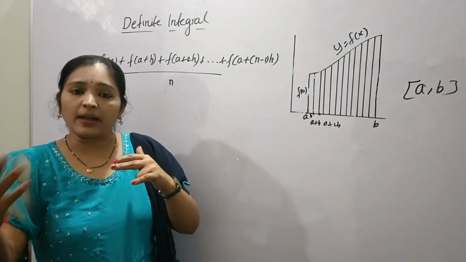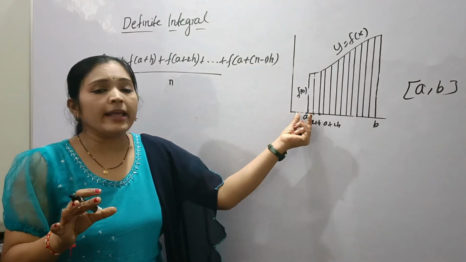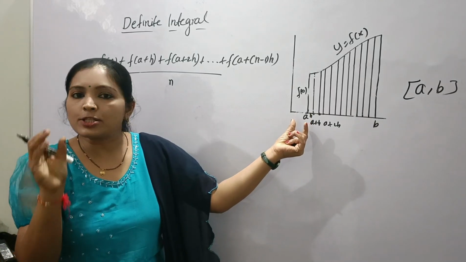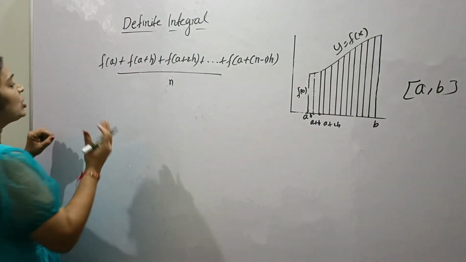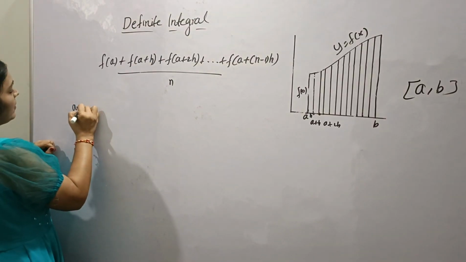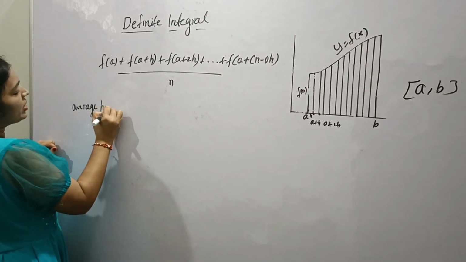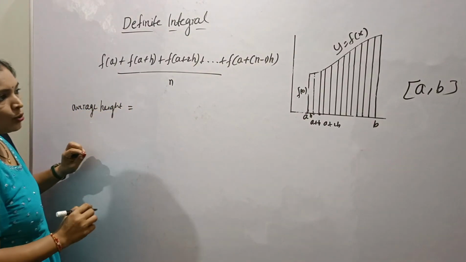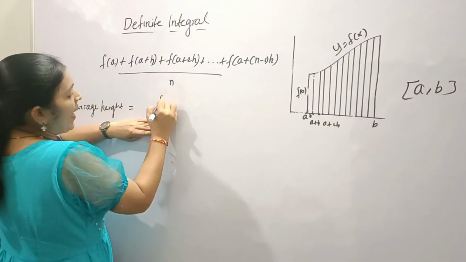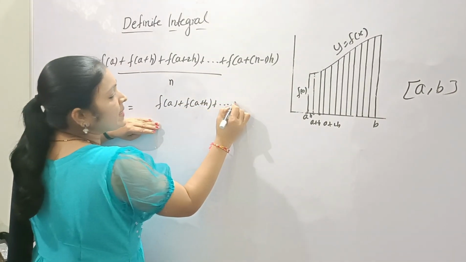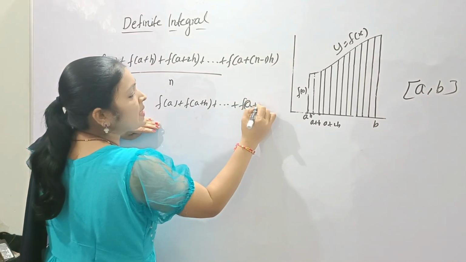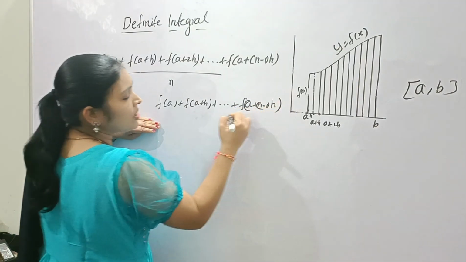When n gets larger, the length of the subintervals gets smaller. So here we can write the average height as f of a plus h plus and so on, plus f of a plus (n minus 1) times h.